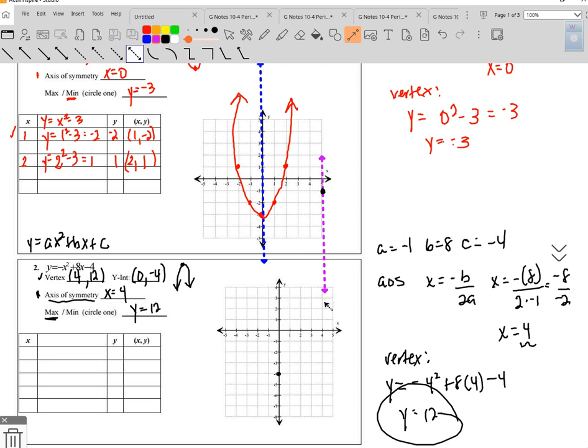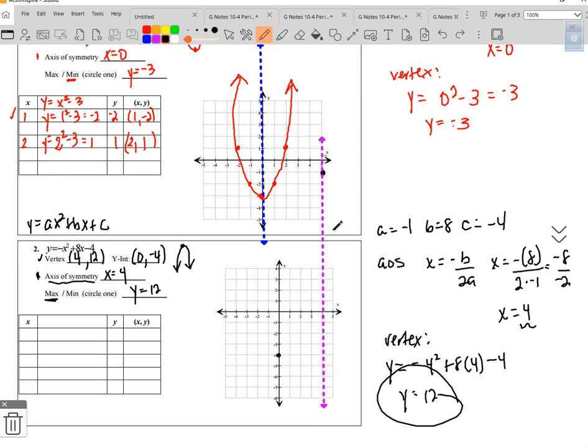So we're going to draw that line there. We use that line to mirror our points. So the next thing we're going to do is mirror our y-intercept. To get to the axis, we go 1, 2, 3, 4. We need a point 4 on the other side. So 1, 2, 3, 4. So we've mirrored this point. It means it's another point at equal distance on the other side of that axis of symmetry.